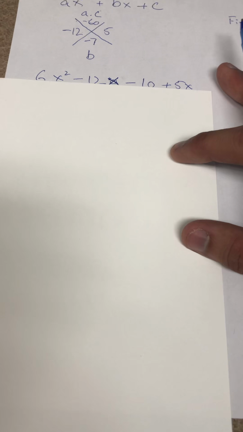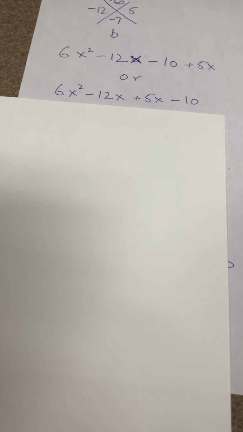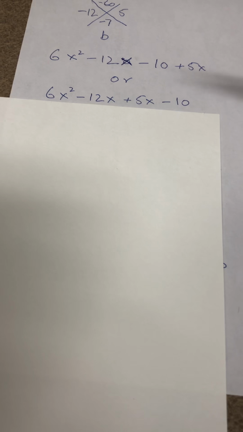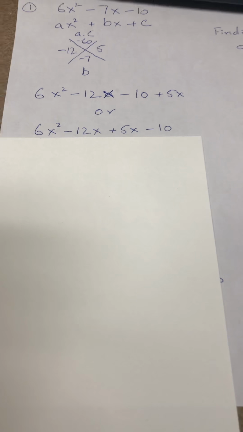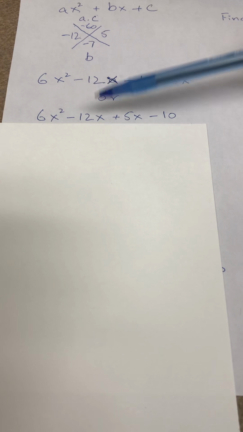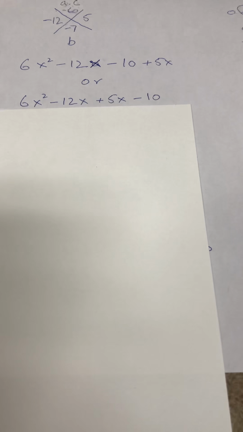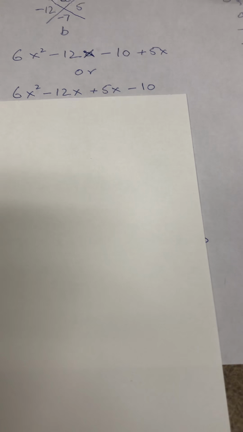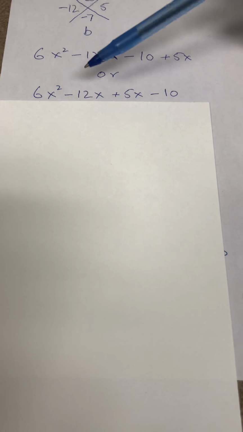So we can go about writing this out. We could either write it out as 6x squared minus 12x minus 10 plus 5x, or we could write it out as 6x squared minus 12x plus 5x minus 10. So normally what we do is we try to see what we can pull out a common factor of.